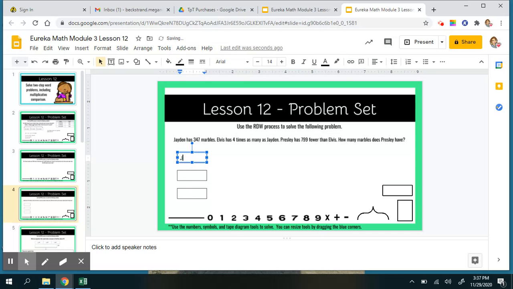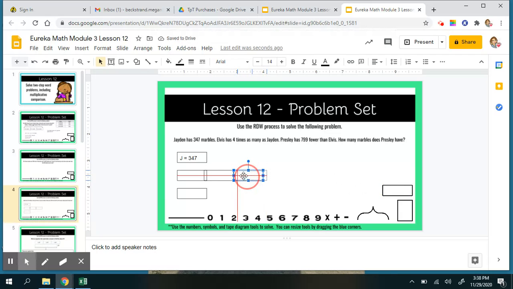We can say J is equal to 347. We know that Elvis is 4 times as many as Jaden. So I could take my boxes, and if each of those are going to be equal to 347, then Elvis is going to have 4 times as many. So we can represent that with our boxes, our little tape diagram that we're making.